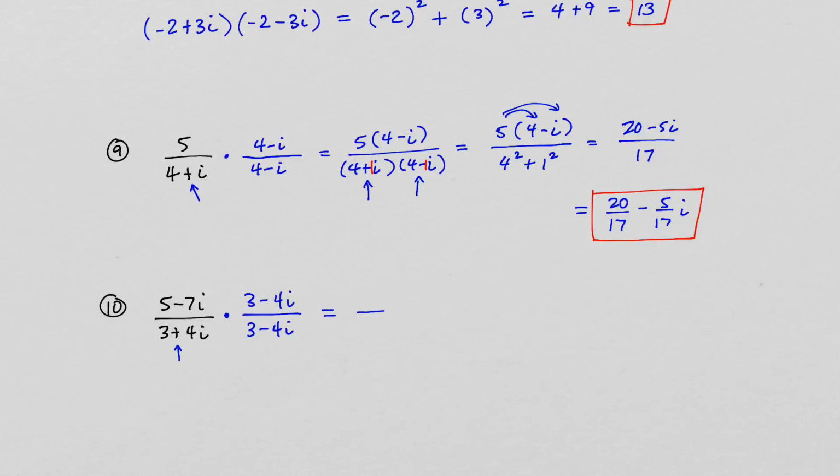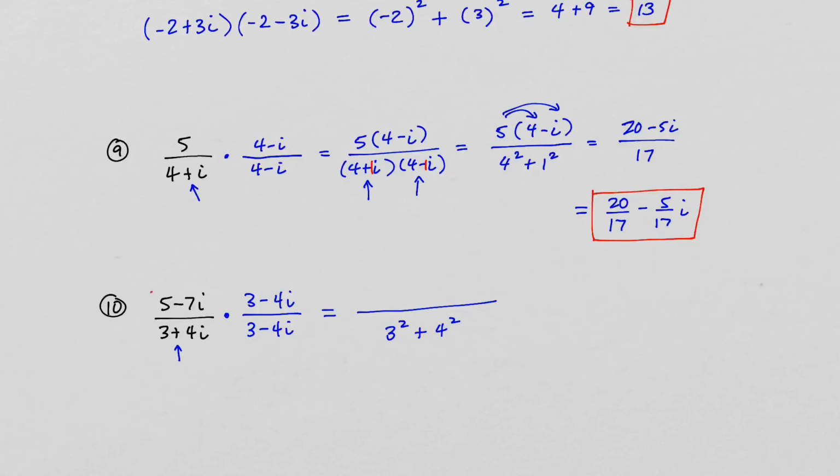And then from there, we're going to multiply it out. So the denominator is relatively straightforward. We have a complex number multiplied by its conjugate. So we can use the shortcut, which is real part squared plus imaginary part squared.